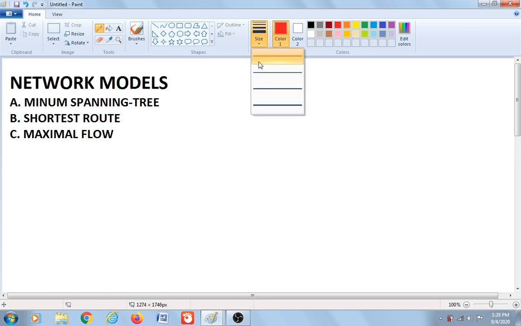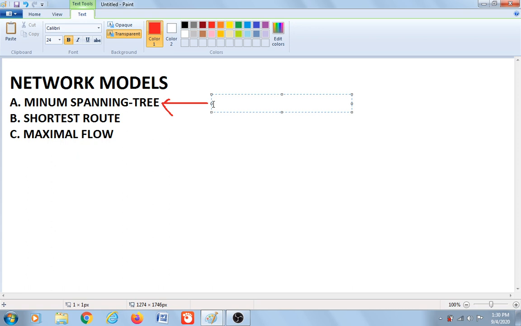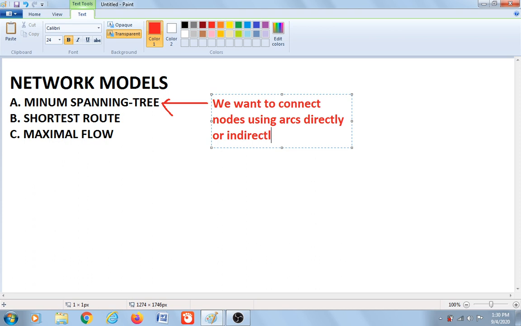So we start with the first one, that is the minimum spanning tree problem. What is the minimum spanning tree problem? In a minimum spanning tree problem, we want to connect nodes using arcs, and we can do this directly or indirectly.